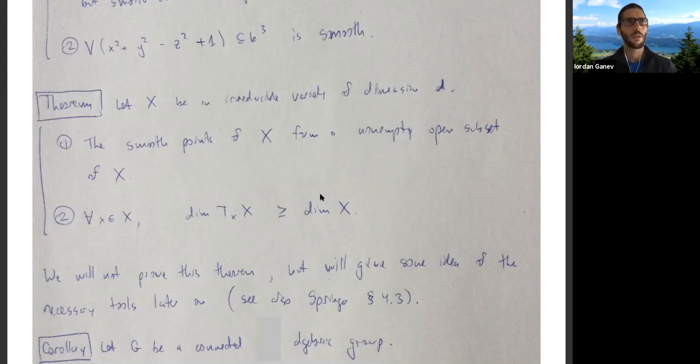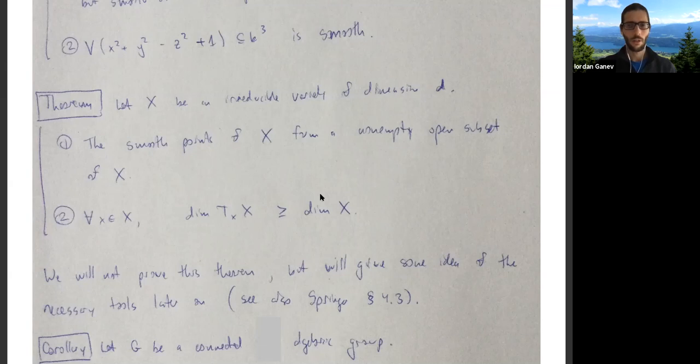Or I guess you need to use one of the equivalent definitions that we gave, not the original one. And then that's the first step, and you go from there. Does that help?